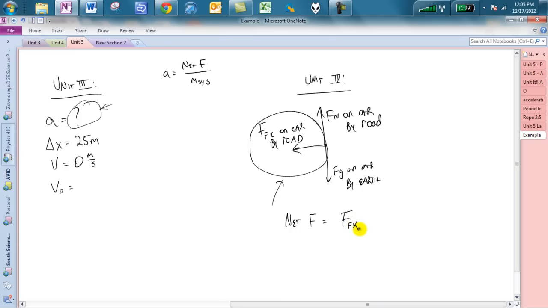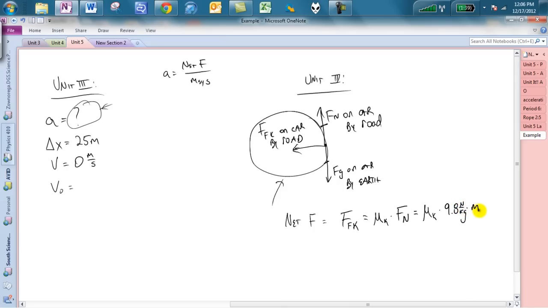The other thing I would write down is my new Ffk equation, which is mu sub k times Fn. If I wanted to dig a little bit deeper, notice that Fn is equal to Fg in this situation, and I know that Fg is written as 9.8 newtons per kilogram times the mass.